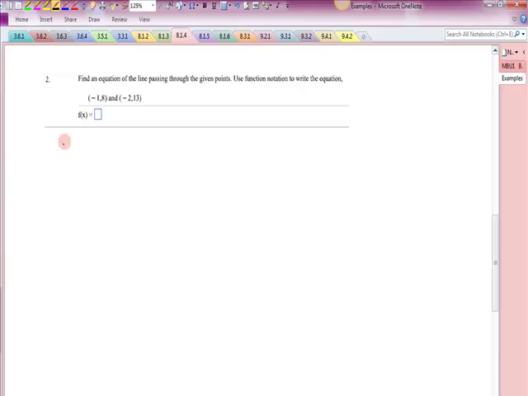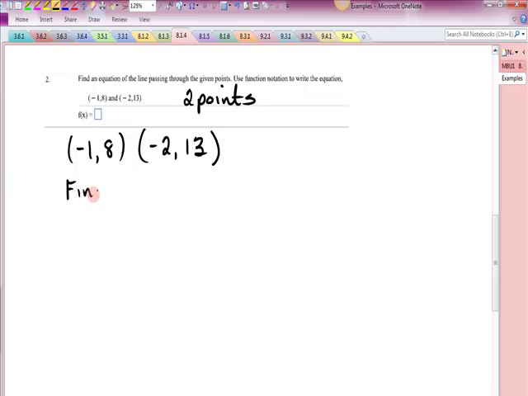All right, in this one, I have -1, 8, and I have -2, 13. Anytime you're given 2 points, it's a two-step problem. First, we need to find the slope of the line that goes through those 2 points. M is equal to y1 minus y2 over x1 minus x2.